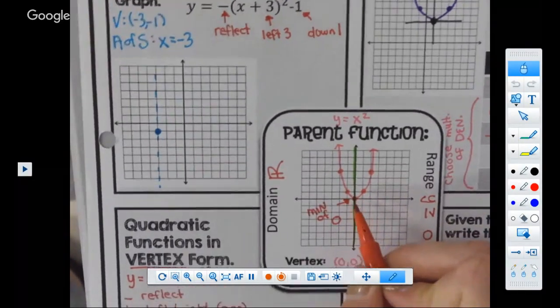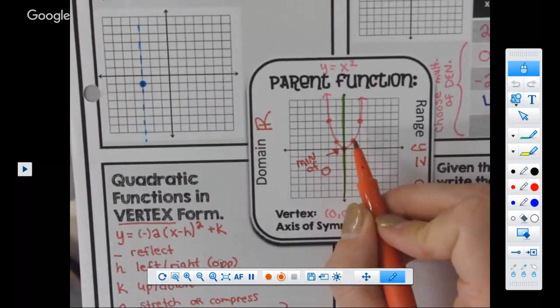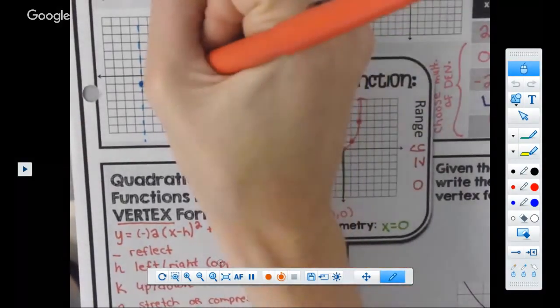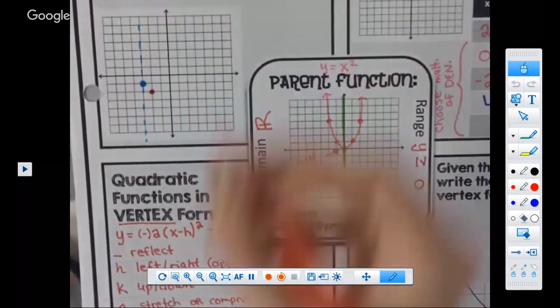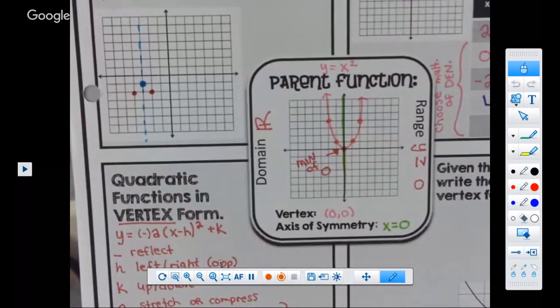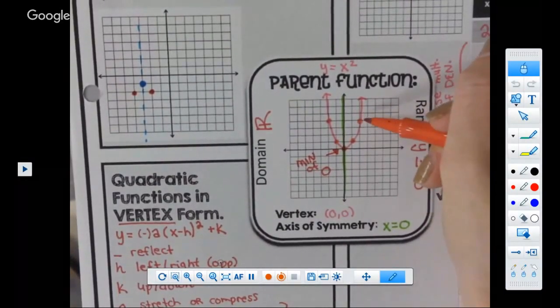On the original, you see how we have the point 1, 1? What is that point going to become if I reflect it? So I'm going to go over 1 and down 1. The second point is 2, 4.